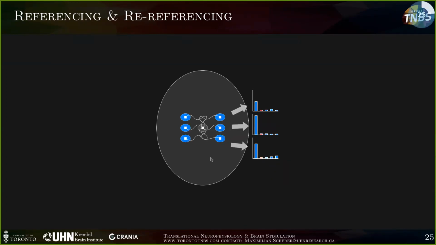That assumes that the red part is equal in all those blue components, whereas, of course, each channel has its individual contribution. If we have a setup of, let's say, 128 channels or 64 channels, and we always have the same component of the reference, if we average across those channels, we're going to have a super large component of the reference and tiny components from each of those channels.